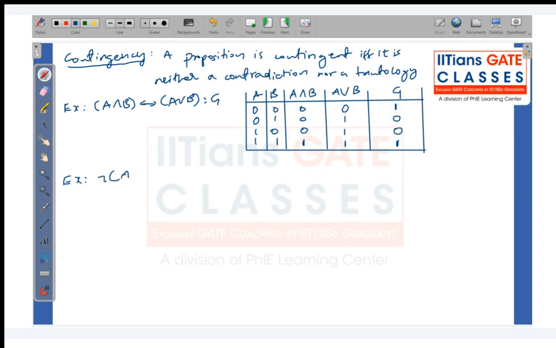Negation of A and negation of B. Okay. So tell me if this is a tautology or a contradiction, or whether this is contingent.